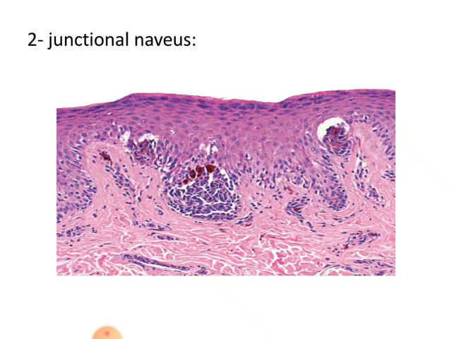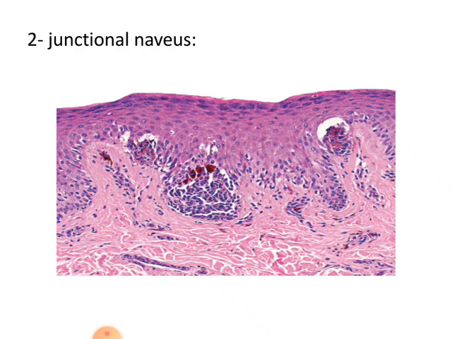About the difference between the simple nevus and the junctional nevus: the simple nevus is a condensation of melanocytes at the papillary dermis, while the junctional nevus is at the basal layer of the epidermis. Simple nevus occurs at any site of the body except the palm, sole, and genitalia, while junctional nevus occurs at every site, especially the palm, sole, and genitalia.